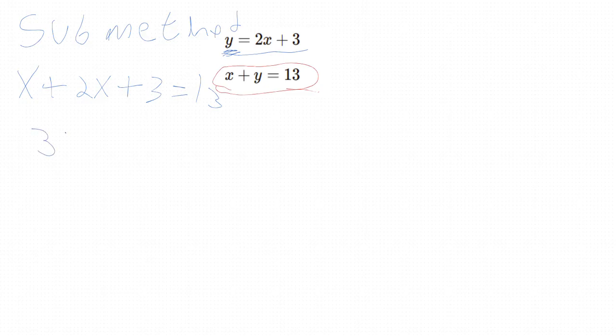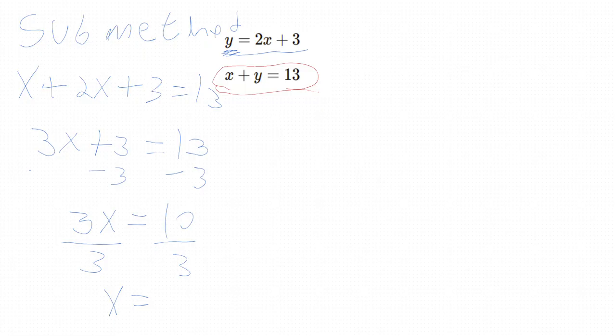We combine like terms. 3x plus 3 equals 13. Subtract 3 from both sides, and we get 3x equals 10. We divide both sides by 3, and we get x equals 3 1/3.